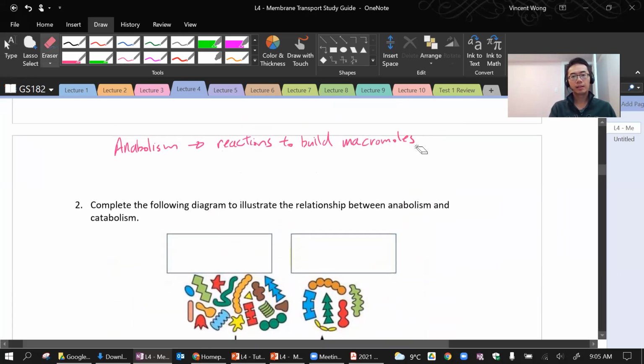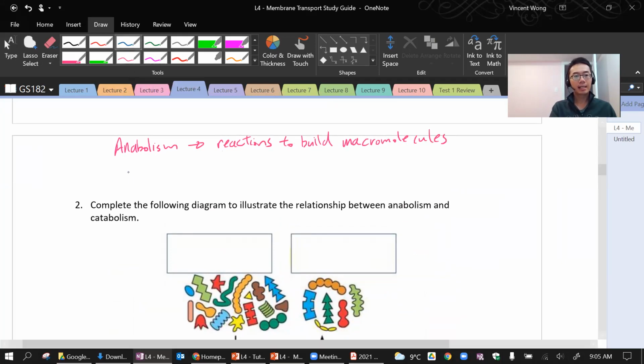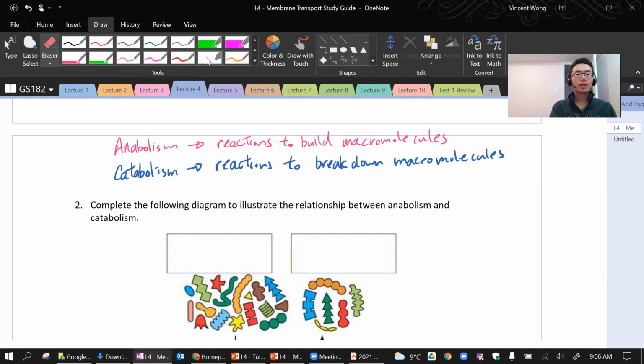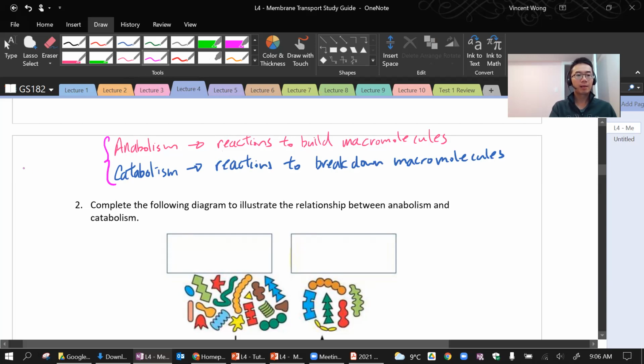Whereas catabolism, or catabolic reactions, are reactions to break down macromolecules. Together they make up your metabolism.